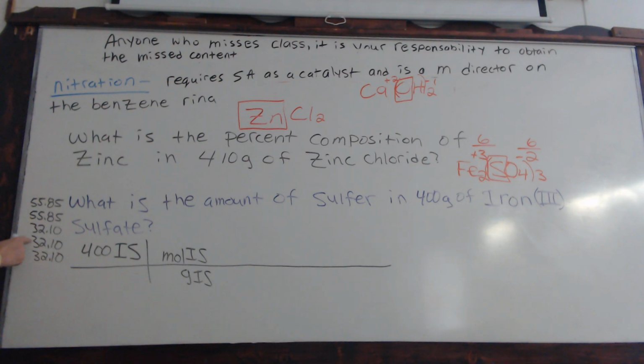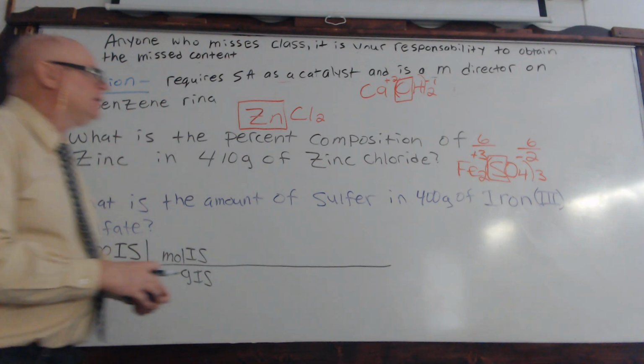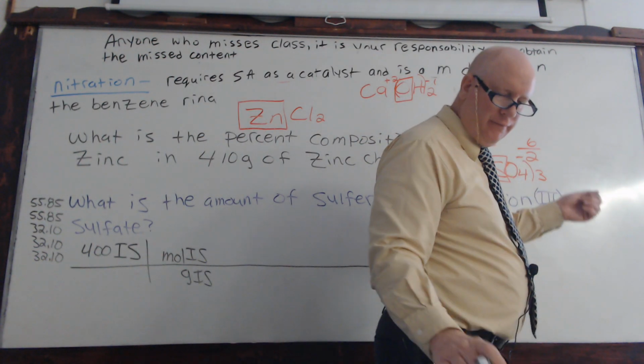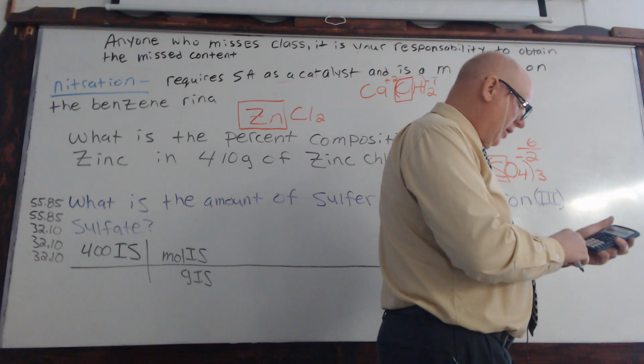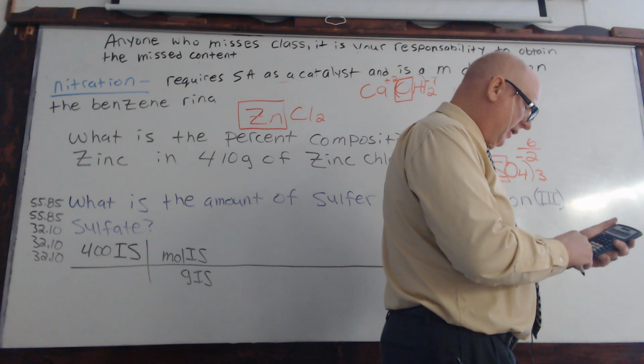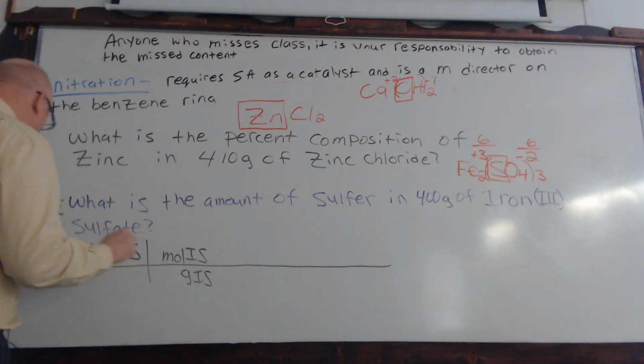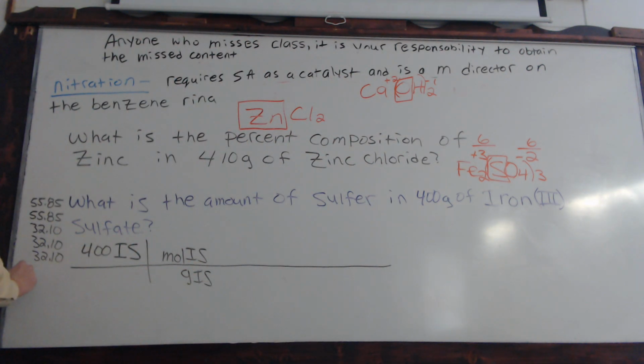So notice we're accounting for each and every one of these. And then how many oxygens do we have? 12. Okay, so we can just take 12 times 16, because 16 is the atomic mass of 1 oxygen. So that gives us 192.